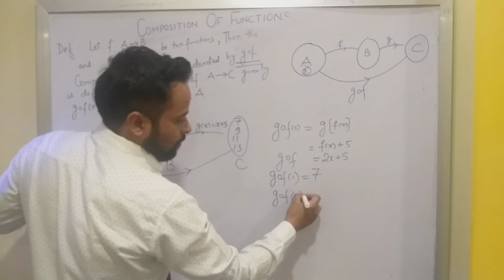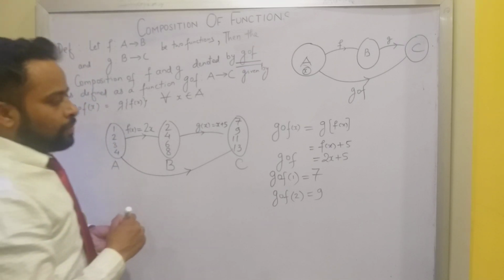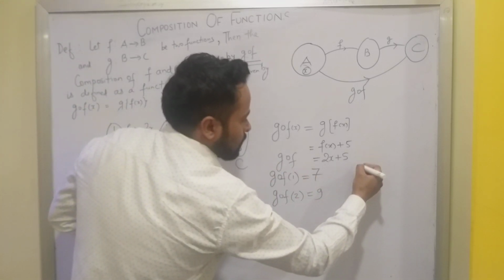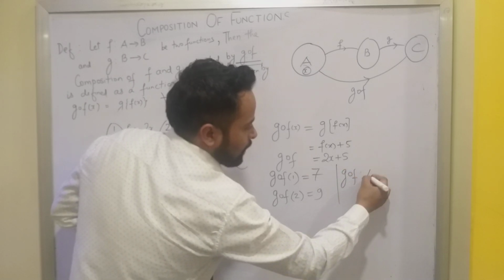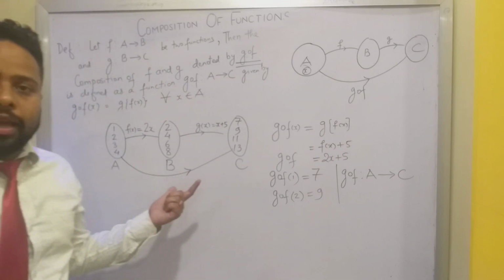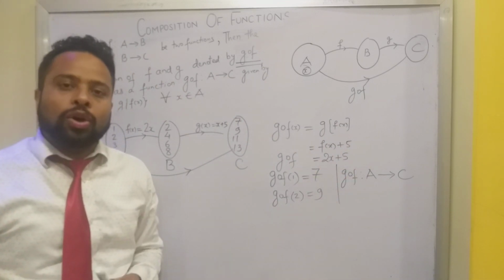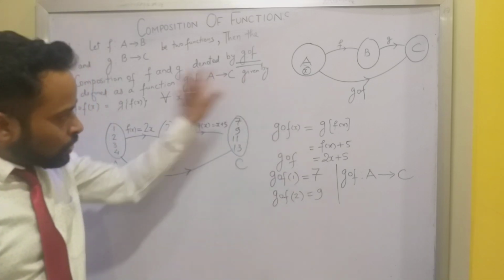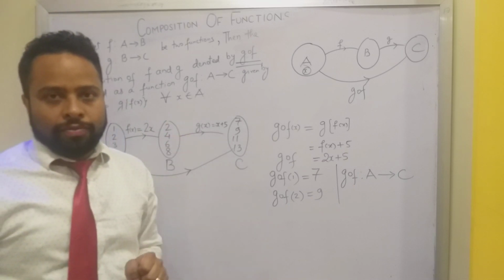This means gof is such that it is from A to C, where A is its domain set and C is its codomain set. This is what the definition of composition of functions says.